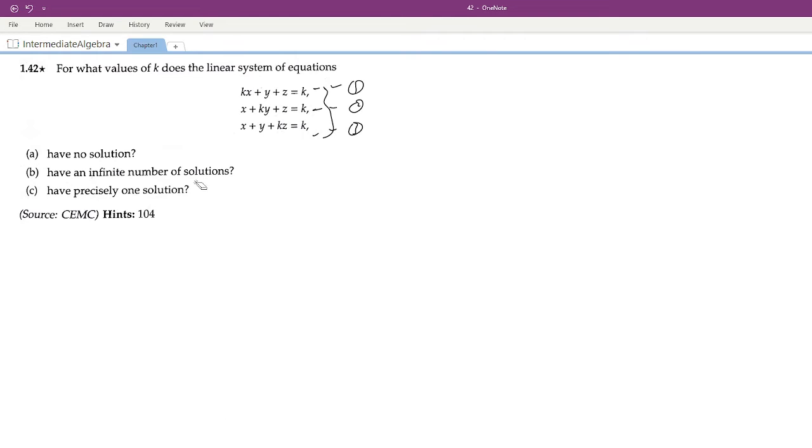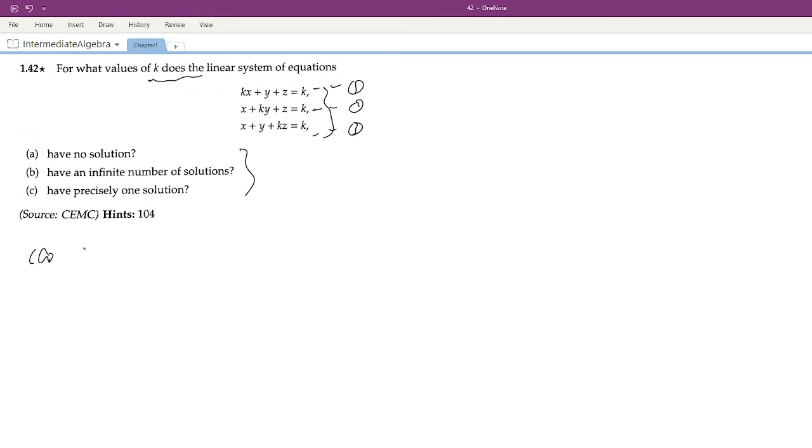So we want to find some solutions of k, right? Can a linear system of equations have no solutions, infinite solutions, and precisely one solution? So we can see the cyclic pattern here, right? So k, 1, is k plus 2, and k plus 2. So now let's see, the first is has no solutions.